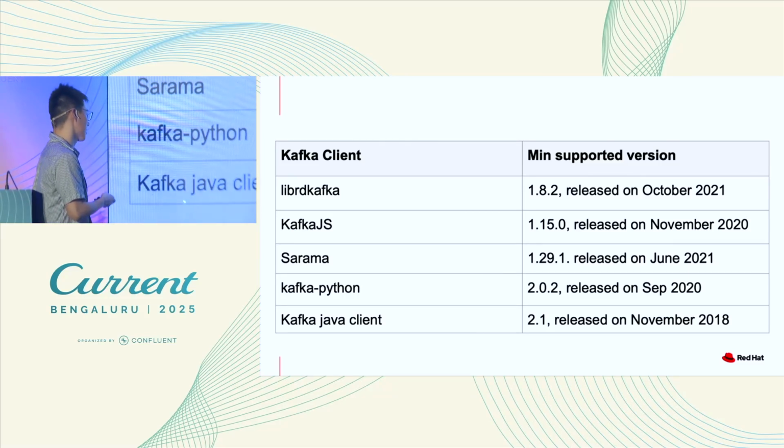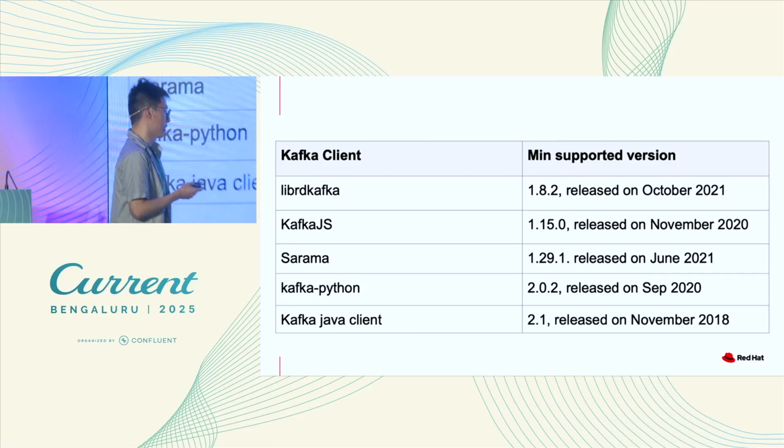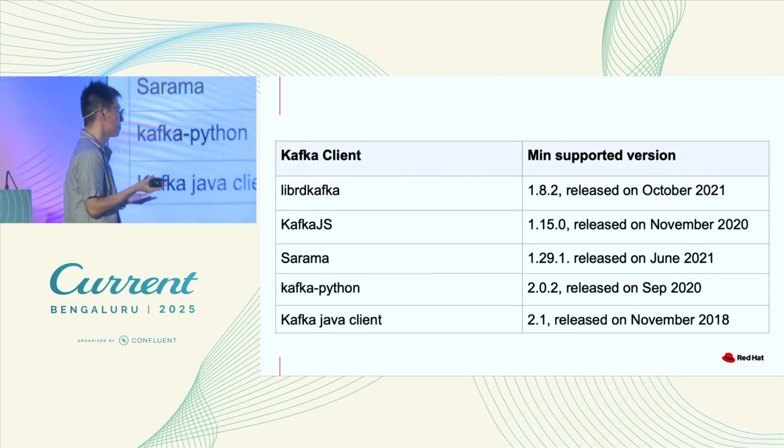And let's take the Kafka Java client, for example. If your client is using 2.0, it will not be supported anymore. And you must be interested in knowing, what if I don't upgrade my clients and directly move my broker to 4.0? What will happen?